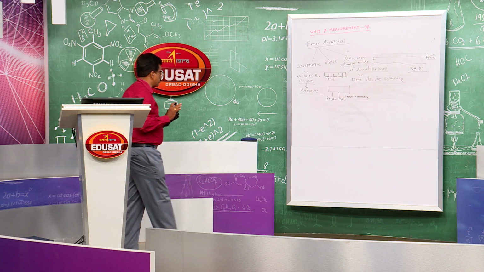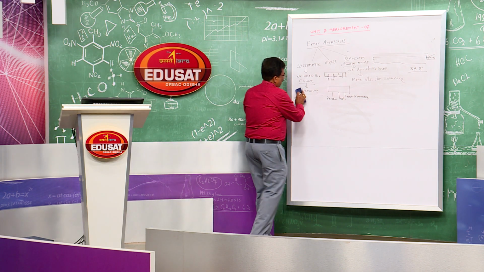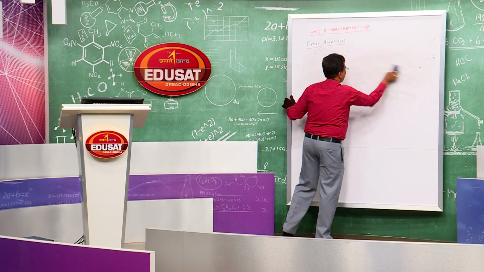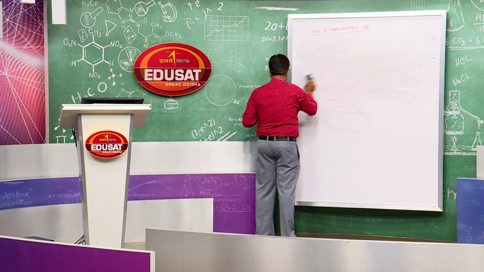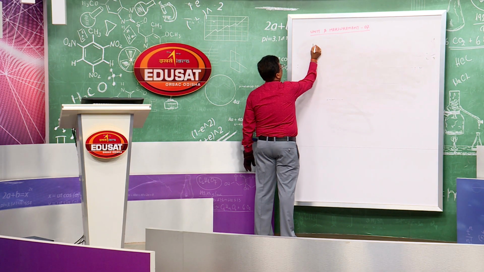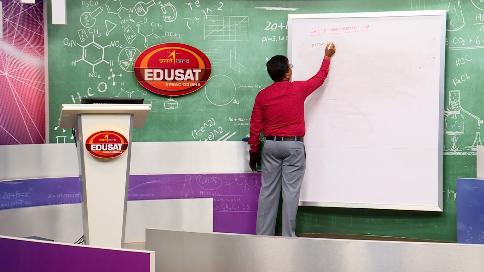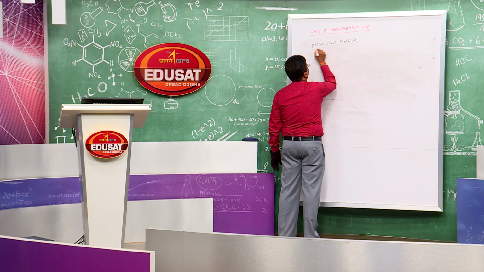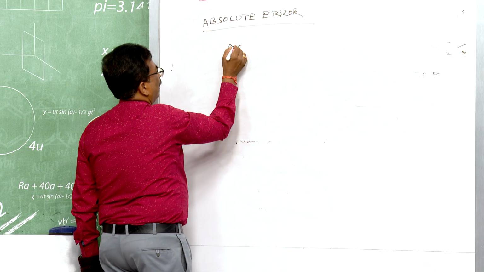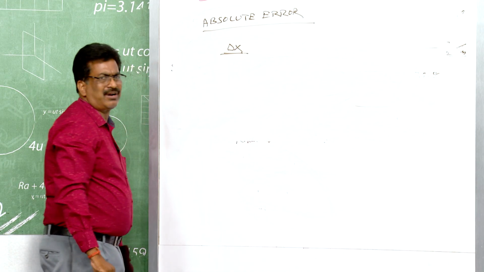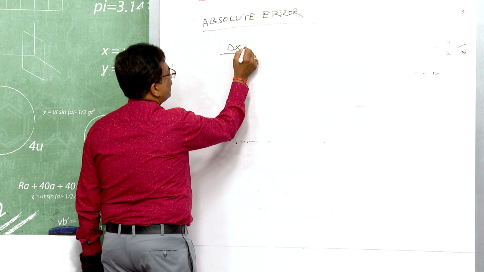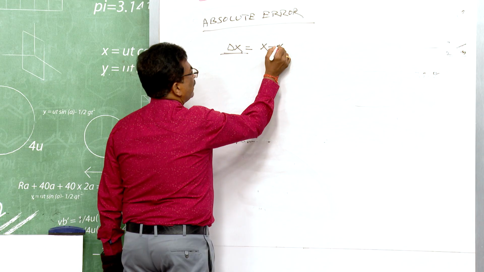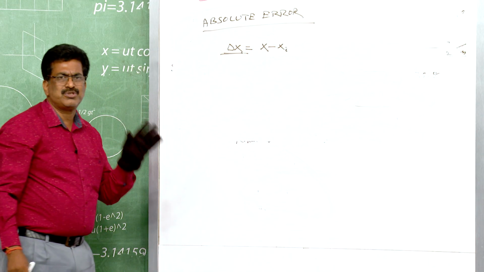The absolute error is always expressed as del x, the change between the mean value x and each of the observed values.